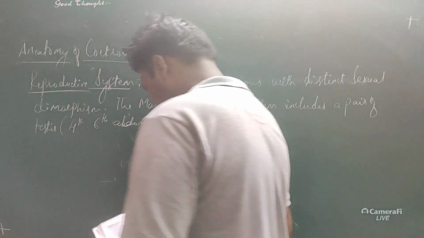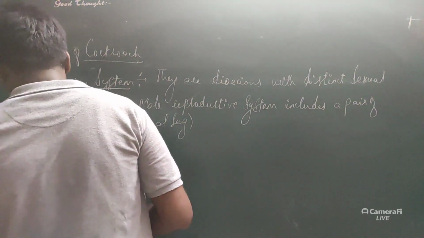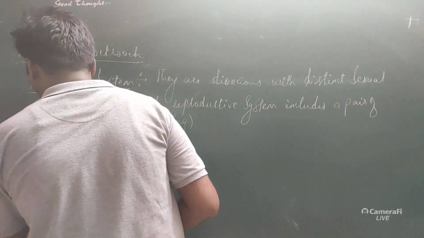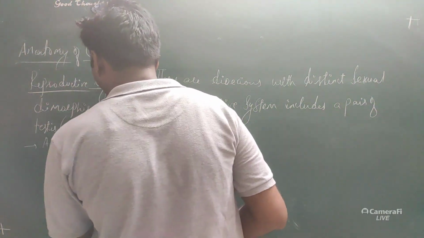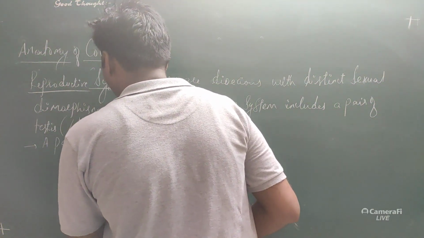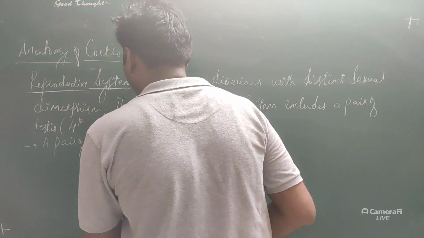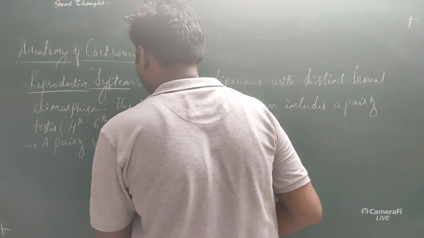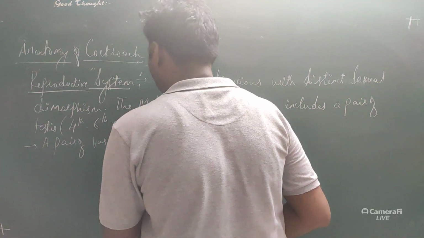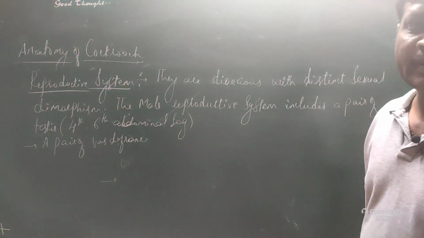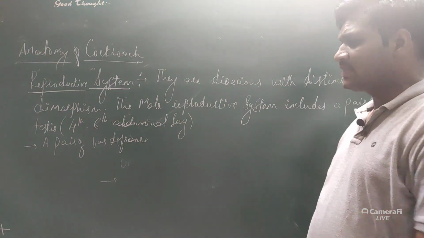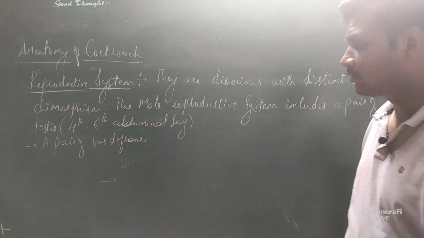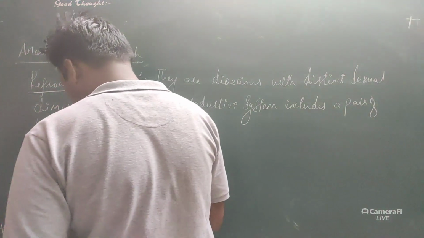The next, a pair of vas deferens. Now, what is vas deferens? Vas deferens is a part which collects the sperm and transmits it to the genital organ. Okay, so that is the vas deferens.